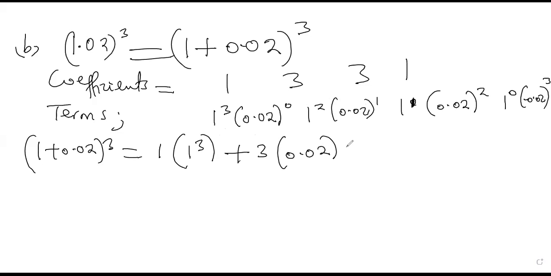Then plus another coefficient is 3, and this one will be 0.02 to the power 2. Why I'm not including 1 is that whatever you power to 1 is 1. Then plus another coefficient is 1 times 0.02 to the power 3.